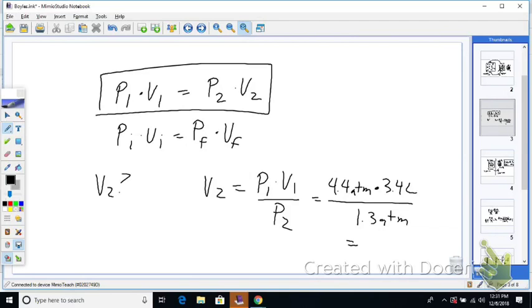What do you think? Is the volume going to go up or down when the pressure goes down? The volume should go up. So I should have a number here that's about 3 times bigger than the 4.4. Who has an answer for that? You got it? 11.5. So it's 11.5 liters. So if the pressure goes down, the volume is going to go up the opposite way.